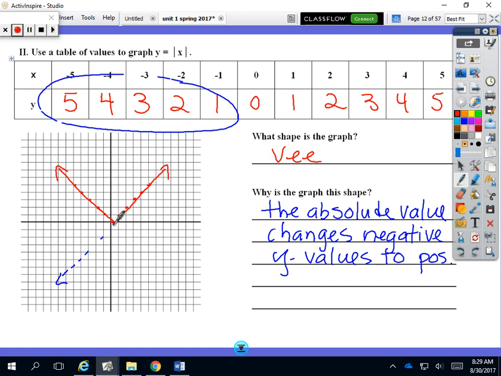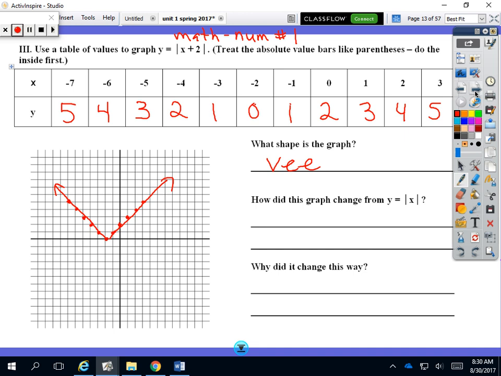How did this change? Well, you may have noticed when we looked at the parent function here, the vertex was at the origin at 0, 0. But when we did absolute value of x plus 2, it looks like my vertex, my minimum value, shifted to the left 2 values, and all my points shifted over 2 units.